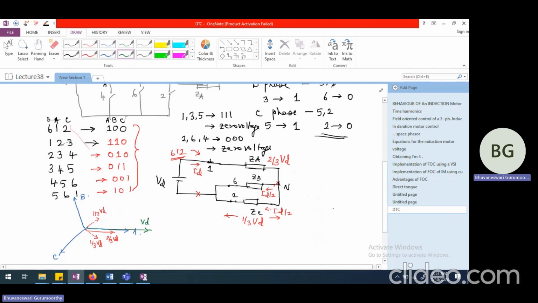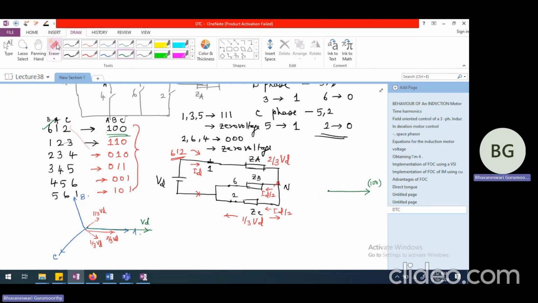So I will have basically this as the resultant, what is coming up for the switch position which is corresponding to 612. So for 612, if I look at the resultant voltage position, if this is the origin or the reference, this is going to be the kind of voltage I look at.